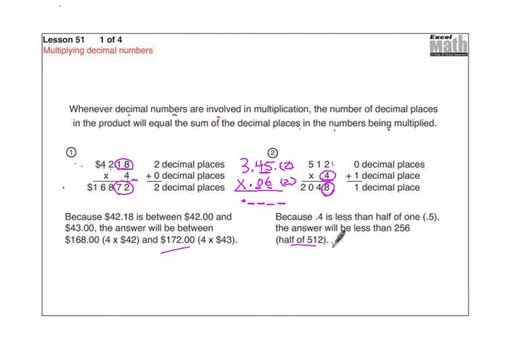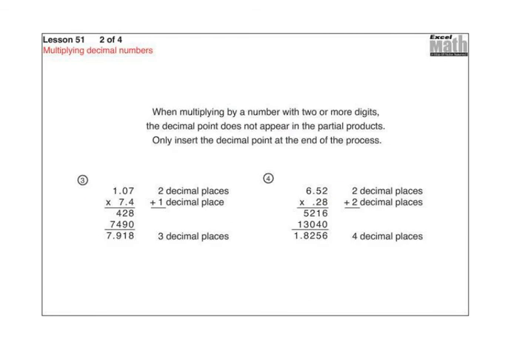Let's go ahead and keep moving on. It says, when multiplying by a number with 2 or more digits, the decimal point does not appear in the partial products. Only insert the decimal point at the end of the process. Here's 1.07 times 7.4. This top number has 2 numbers after the decimal point, 1 number after the decimal point there. That makes a total of 3 decimal places, and you can see that the decimal point has been moved over 3 spots from the right.